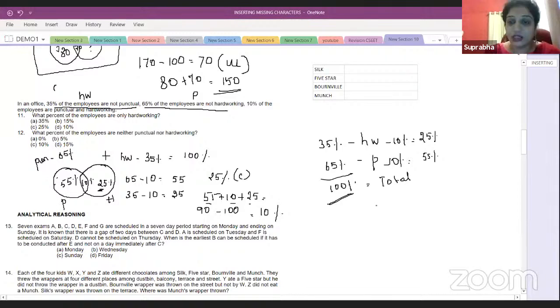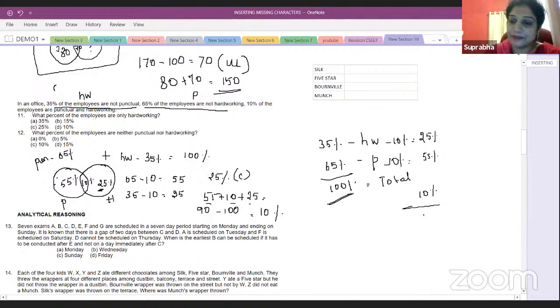Now, who are not punctual and not hardworking? So now if I add this 25, 55 and 10%, what will be the addition, Shraddha? Look at the Venn diagram. 25% who are hardworking, 55 who are punctual, and 10 who are hardworking and punctual. If I add them, how much percentage will come in total? What is the total?